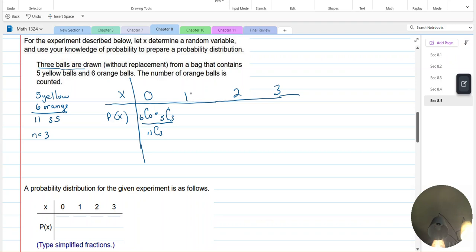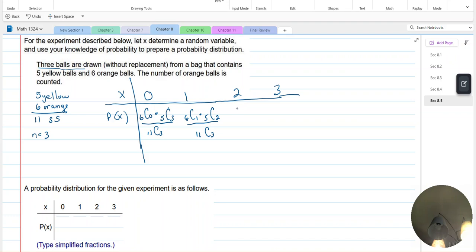So now we're going to do the 1. That would be 6 choose 1 times 5 choose 2, all over that combination of 11 choose 3.